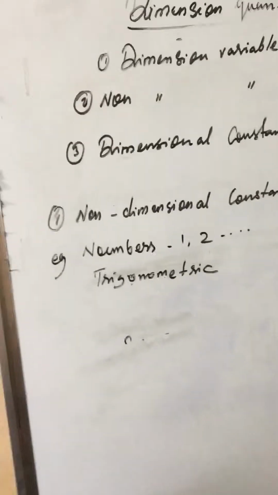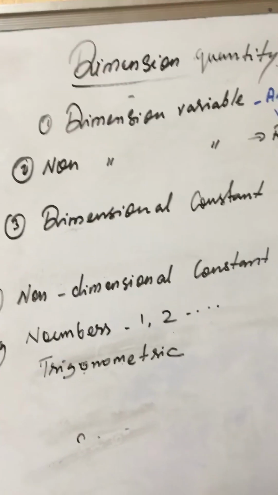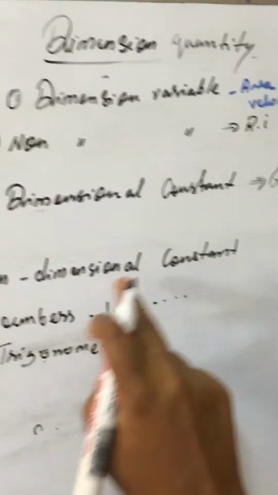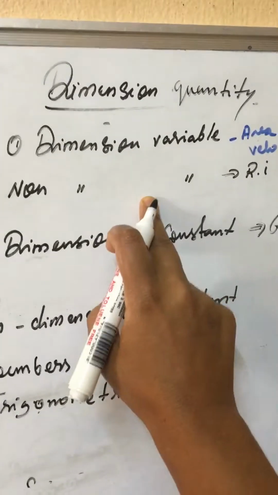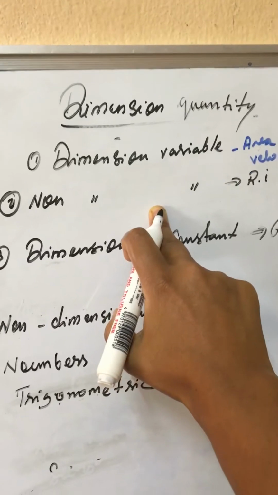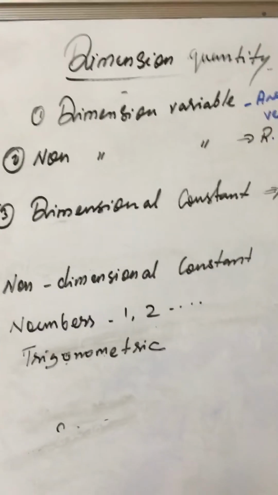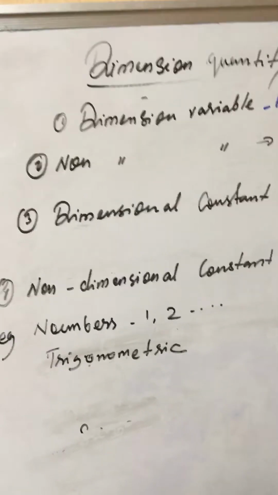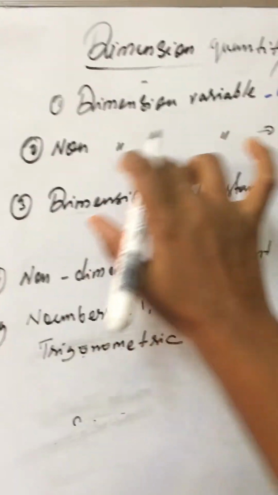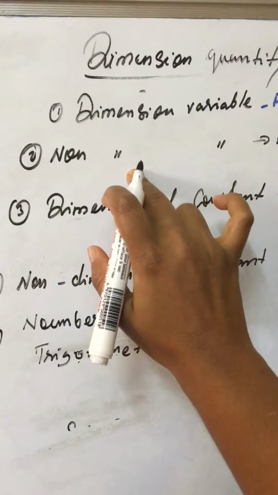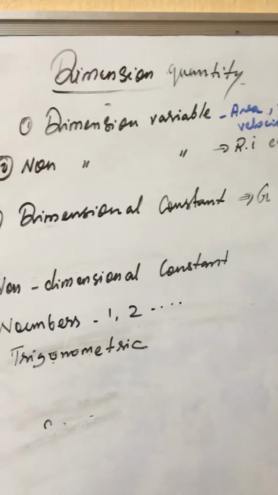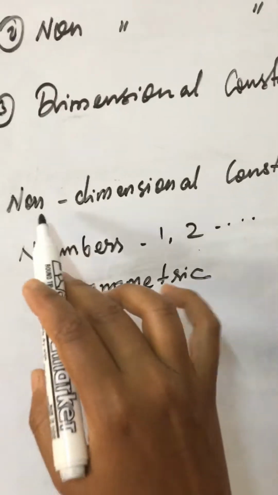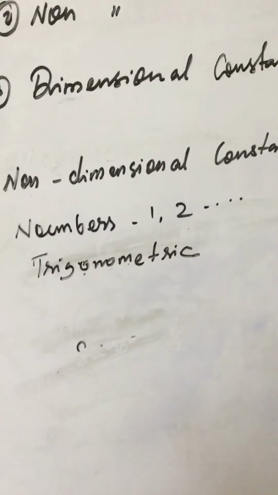So we will mainly need dimensional variables, dimensional constants, non-dimensional constants, and non-dimensional variables. I hope it is clear to you. Remember, the non-dimensional constants do not have dimension.